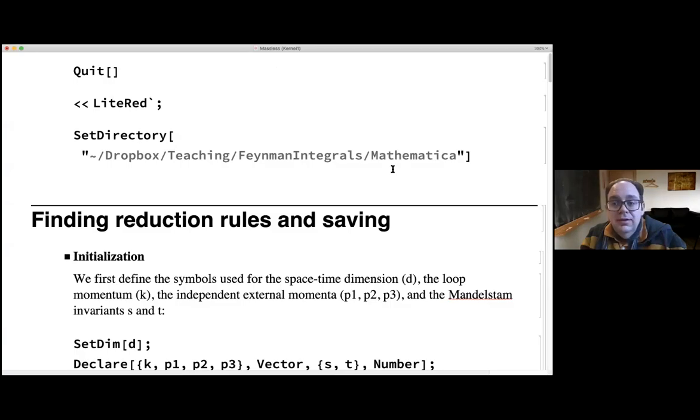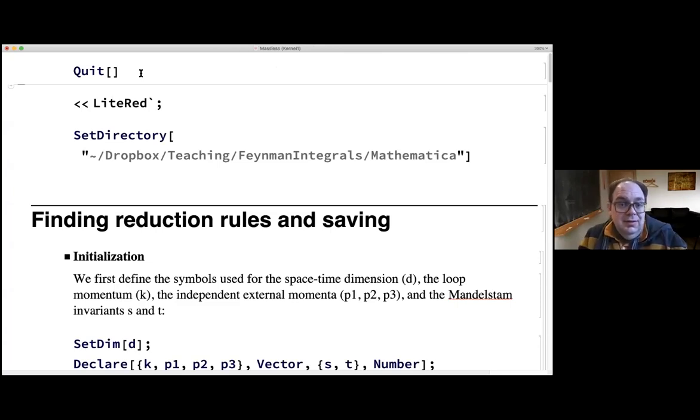So this was lots of abstract talking. So let's maybe look at an example. So you should now see some Mathematica notebook, and I'll guide you through it.